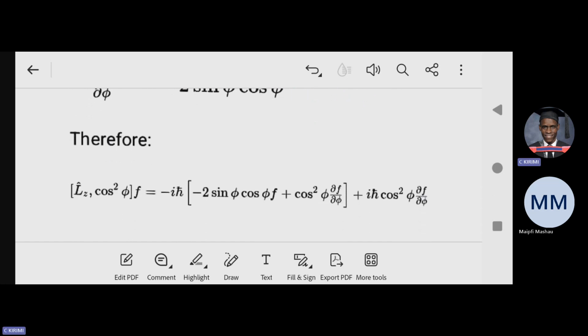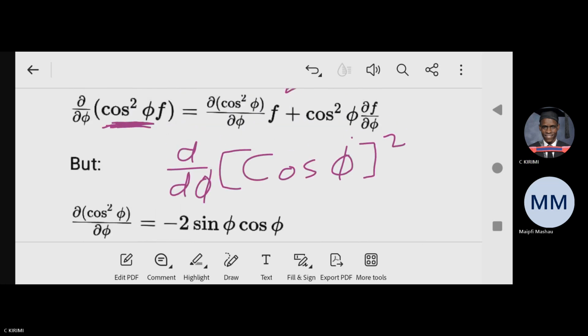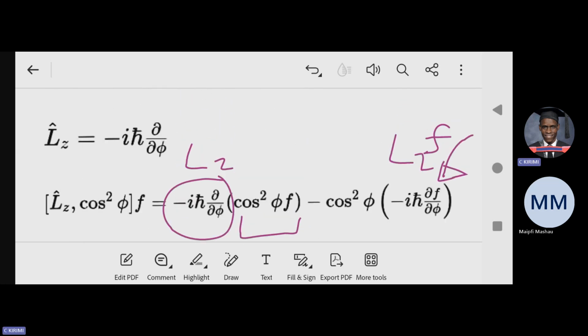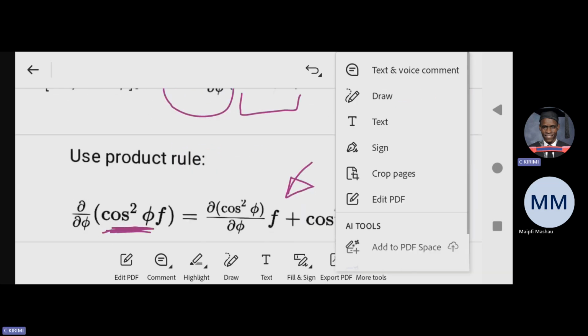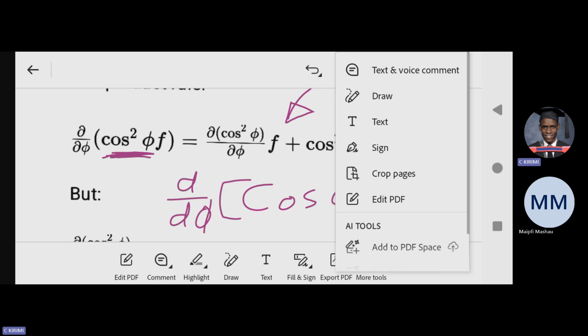So we move from there. Now we have our derivative. Which part were we working on? We were just working on the first one, cos squared phi times f, and we have not touched the other side. You can see it's pure maths where you are joining everything.